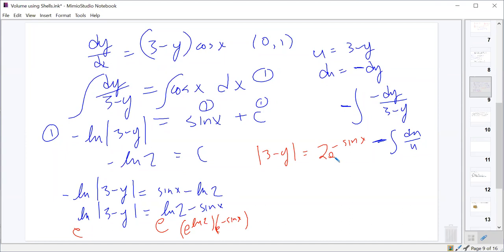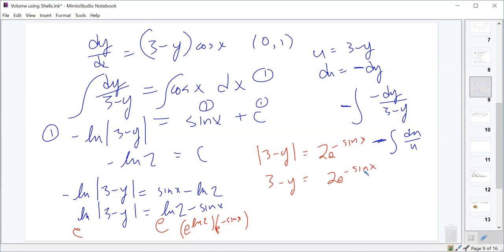And then we'll clear up the absolute value. Either a positive or a negative. Which one do we want to choose? Positive or negative? Why positive? What was our initial condition?